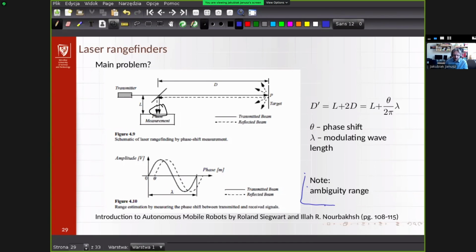So in fact, you get the same solutions every 2 pi times the length of the modulated wave. Okay, so that's the main idea of the measurements.